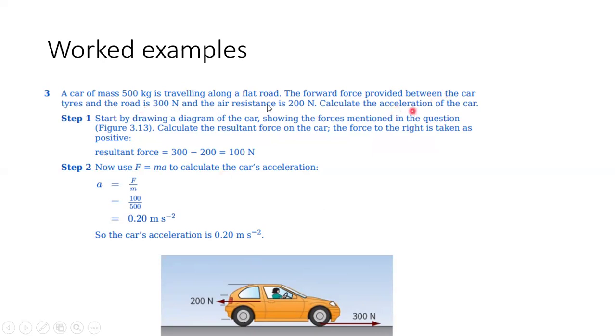Acceleration of the car, which means they are asking to find out the a value, right? Now, the first thing you have to do, you can draw a freehand diagram or a sketch of this figure. It's better to learn how to draw this freehand sketch.